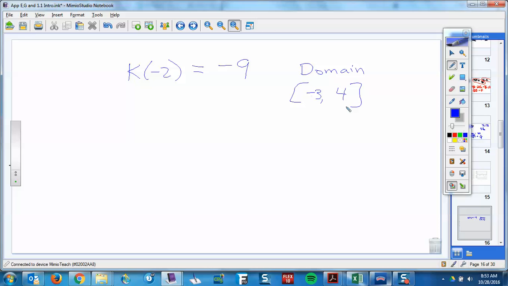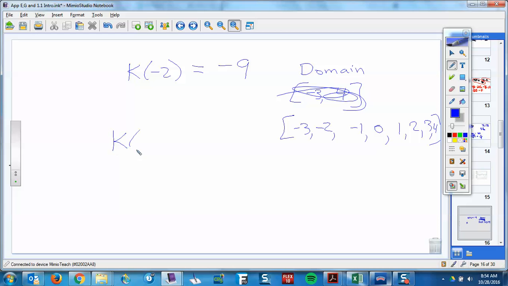The domain is not negative 3 to 4. What is the domain? Negative 3, negative 2, negative 1, 0, 1, 2, 3, 4. That is the domain, right? And the range is those values, right? When you have a table, that's all you know.